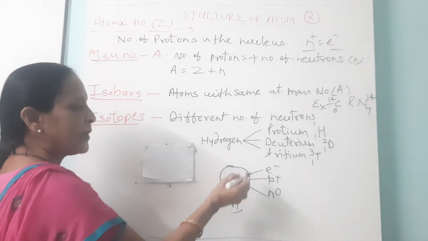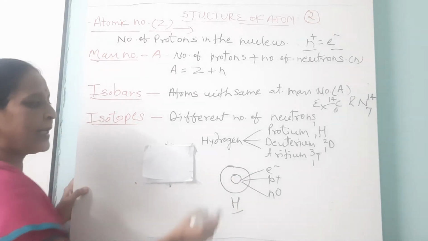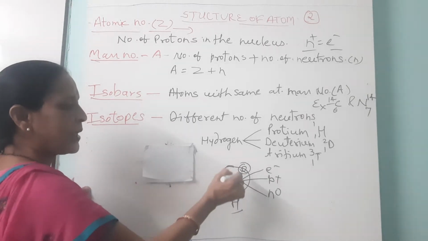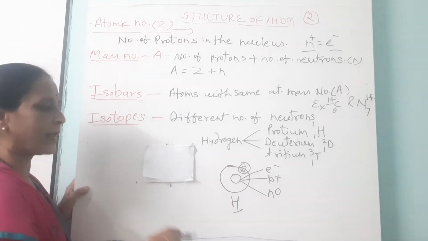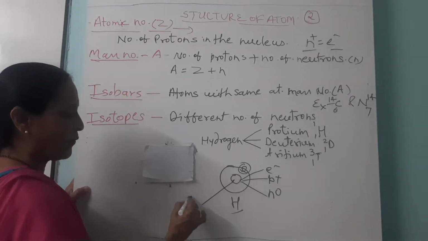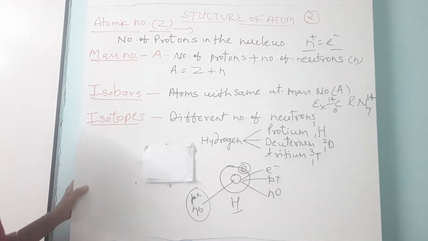We also know that the electron is present around the nucleus, in a circular path, and in the center, the nucleus, there is presence of proton as well as neutron. Up to here we already studied.